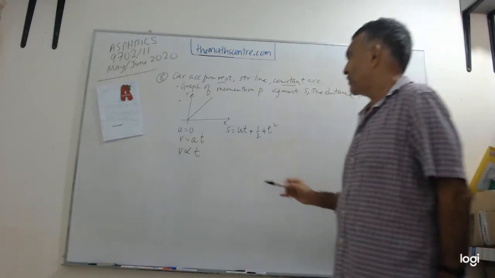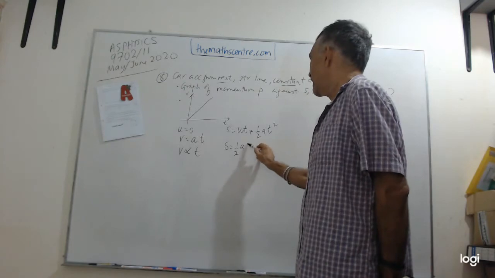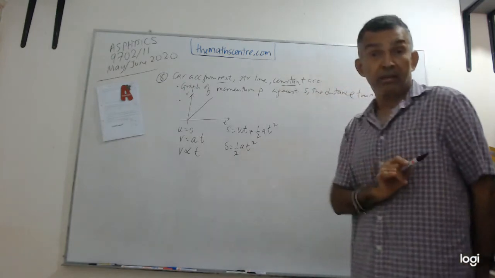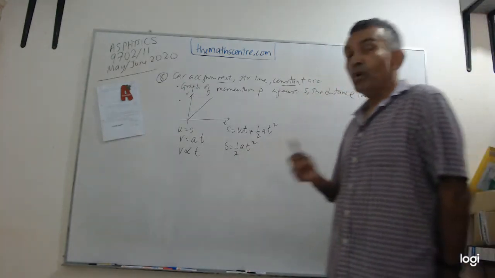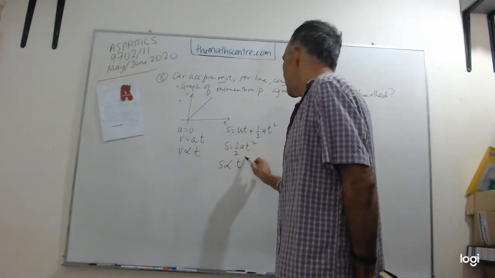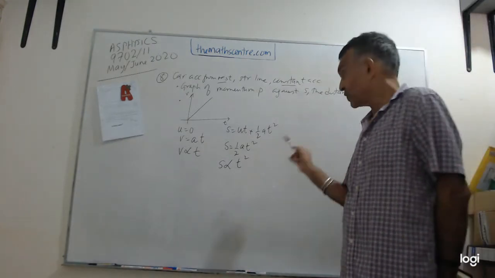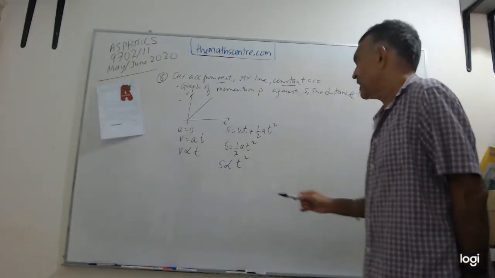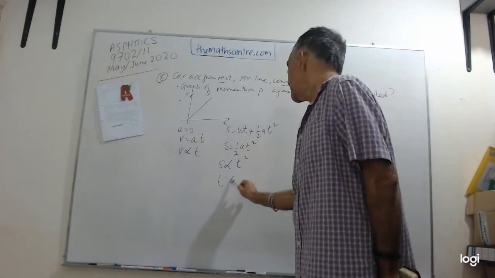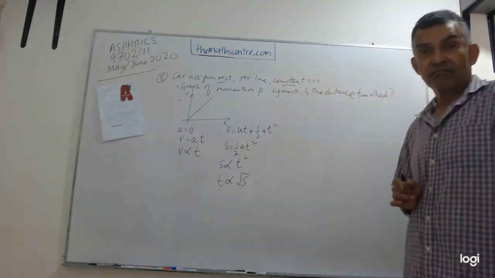If U is 0, then S equals half at squared. But you know A is constant. Therefore, S is proportional to T squared. All looks good so far, right? Therefore, T is proportional to the square root of S.